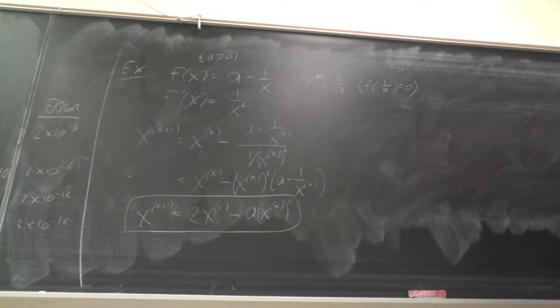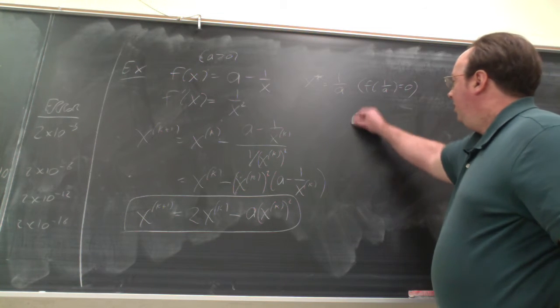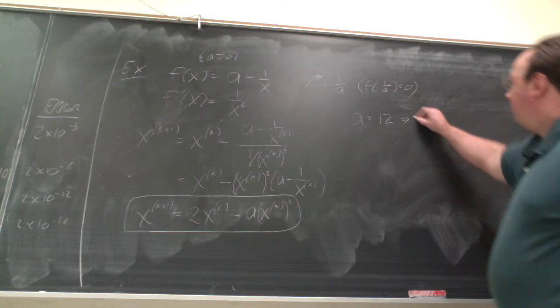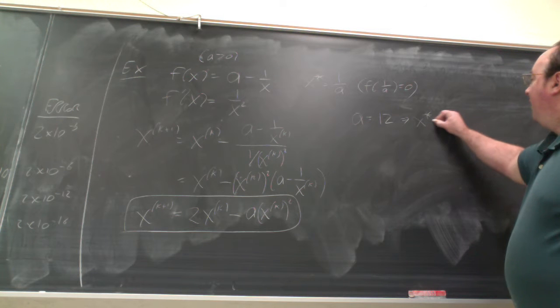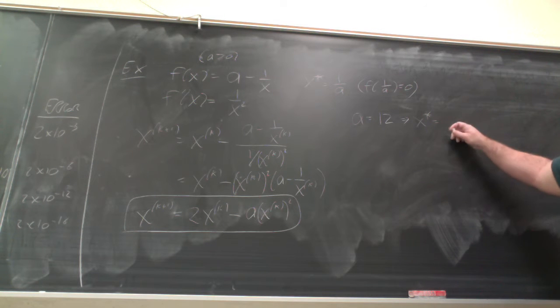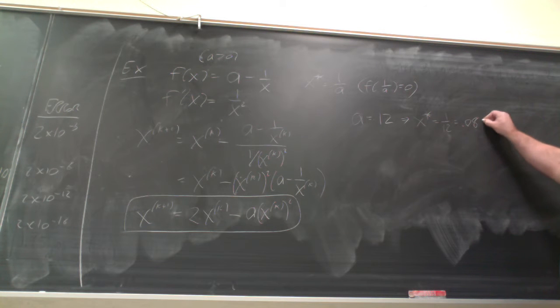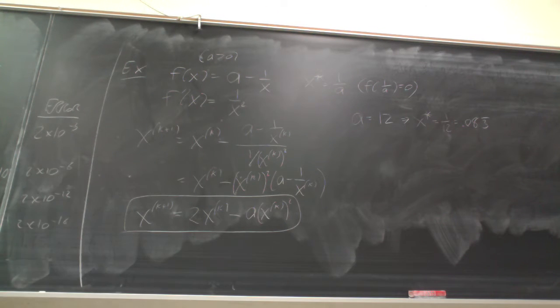So I'm going to do an example. I'll let a be equal to 12, because that's my favorite number. Don't ask why. The root would be 1/12, which would be 0.083 repeating. So if I make an initial guess, I'll set x naught equal to 0.1.